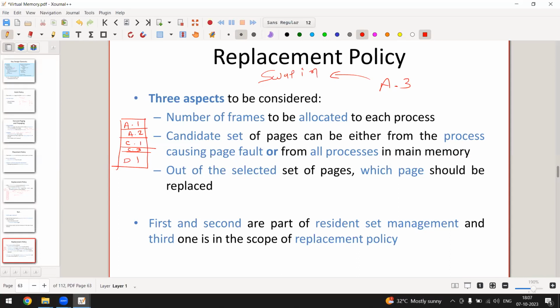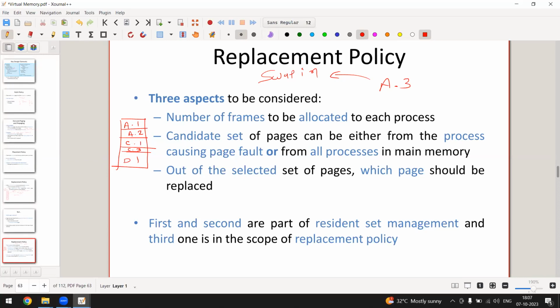One way to look at it is that since process A is creating a page fault, I have to swap out either A1 or A2, because it is process A which is causing this swap out operation. Another way is that I can also swap out D1 and bring in A3.